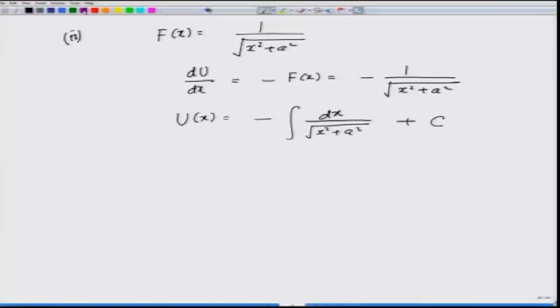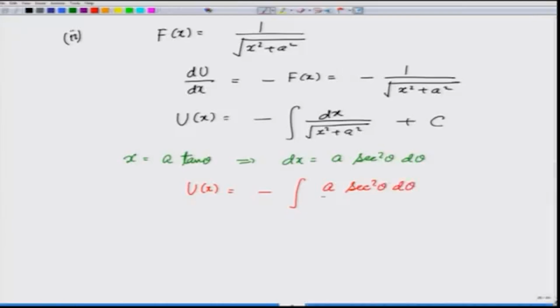To integrate this function, I take x equals a tangent of theta, which gives me dx equals a secant square theta d theta, and therefore I get Ux is equal to minus the integral of a secant square theta d theta divided by a secant theta, plus some constant.